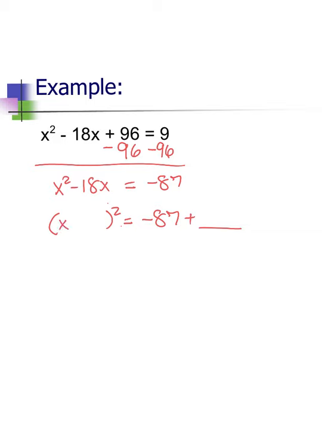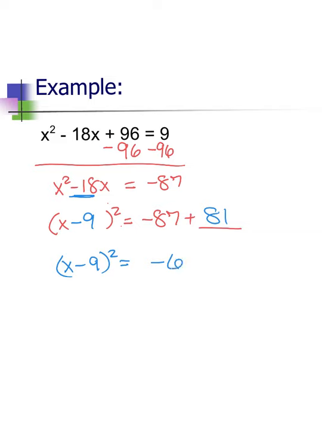I put an x here. Then I'm going to look at this number. Half of negative 18 is negative 9. Negative 9 squared is positive 81. So now I have (x − 9)² = negative 87 plus 81, which is negative 6.